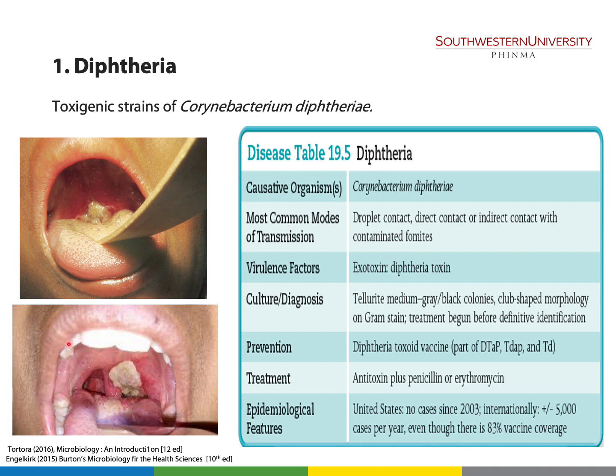To diagnose this, you may use culture on tellurite medium agar, where the colonies are gray or black. In order to treat diphtheria, you need to give oral antibiotics like penicillin and erythromycin.